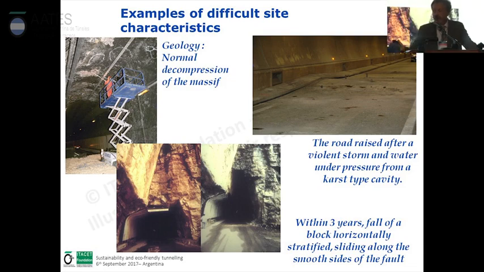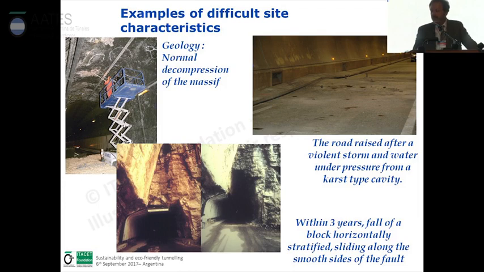If there is a decompression of the massif, there is a block fall, for example, clearly it's the surrounding geology which is the reason of the default. The same in this case, when there is a karst cavity under the pavement that explains the disorder in the pavement. So geology is responsible.